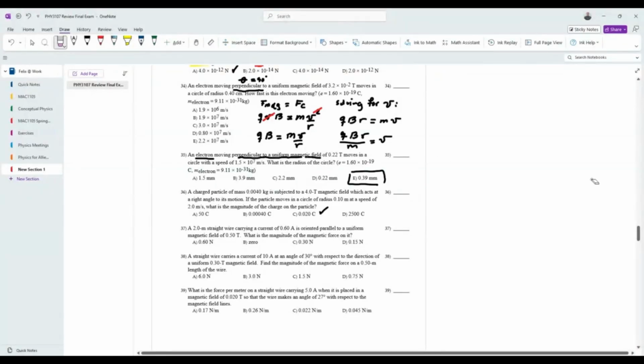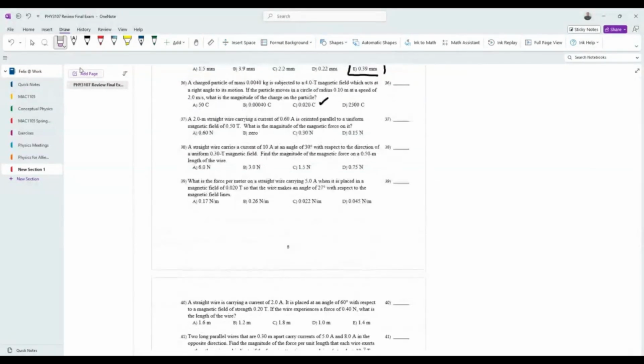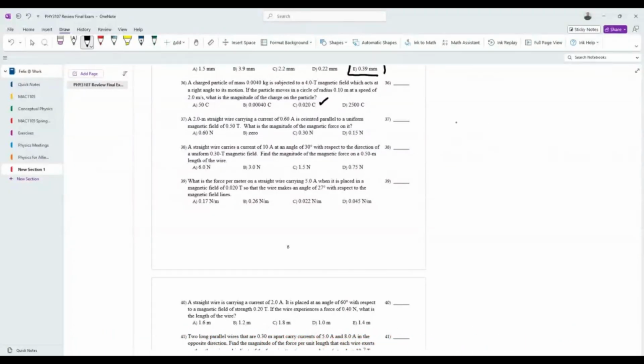Right, so let's see exercise number 37. In number 37, they say that there is a 2 meters straight wire carrying a current of 0.60 amperes, right? So we have a wire that carries a current of 0.60 amperes.